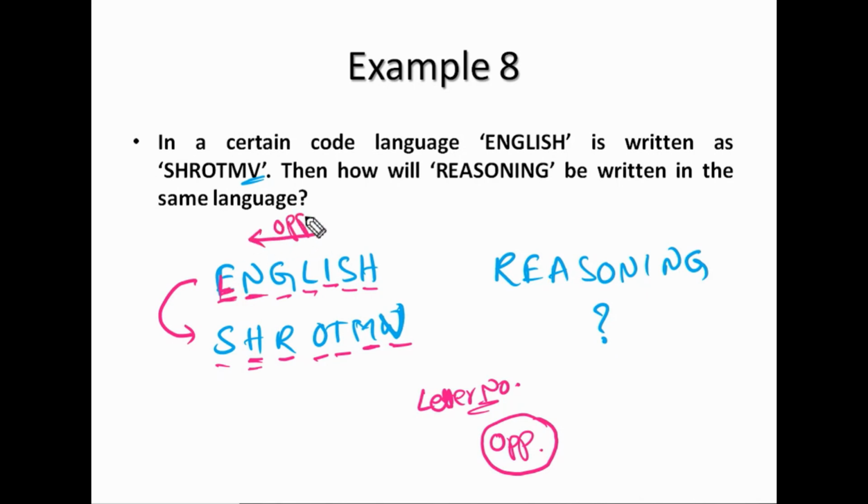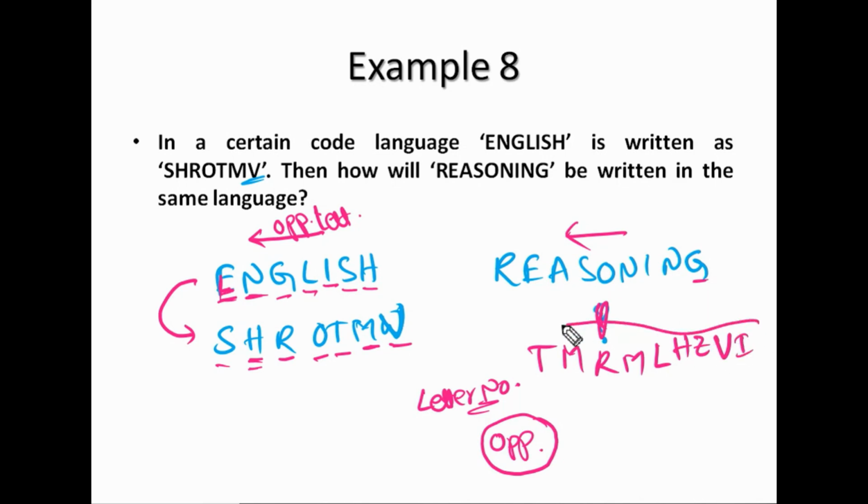In the reverse order, replace with the opposite letters. So we'll start from G. G, T, N, M, I, R, N, M, L, O, V, E. Okay. O, L, S, H, A, Z, E, V, and R, I. So this is the answer.